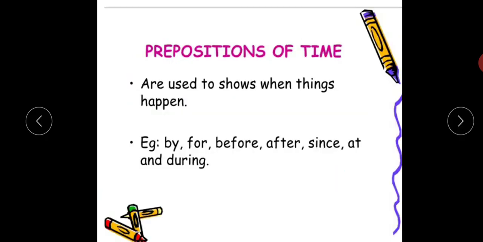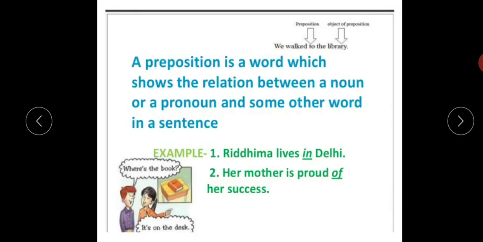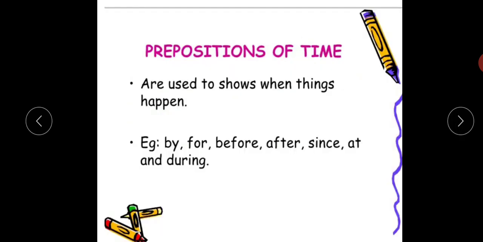And as I said, you have got 3 types here, and the first one is preposition of time, which is given in your book on page number 13. The first one, prepositions of time are used to indicate when a particular event happens. You understand? So when things happen at a particular time, we use preposition of time.